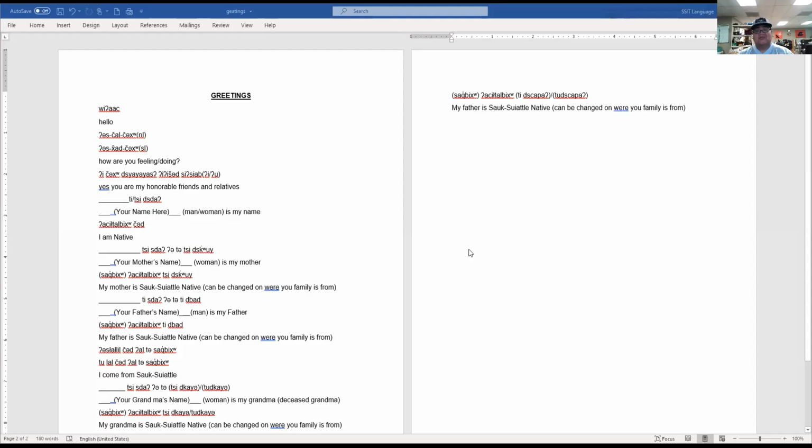Let's get to something that we will use. Usable stuff is always fun. Weats. Now, this is Snoqualmie. This is Southern Lushootseed.